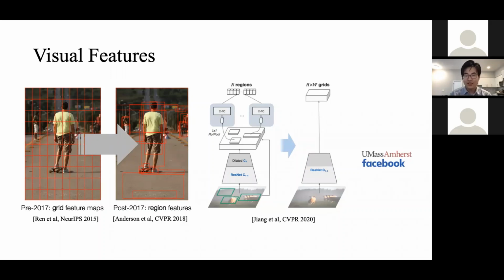But what's interesting is that this year, a new CVPR paper from UMass and Facebook told us that grid-level features could work on par or even better than regional features. This grid-level feature also helped them to be the winner of this year's VQA challenge. So as to what option we should choose for the visual representation, I think it's still in debate, but I'm looking forward to seeing who's going to be the winner in the following year.